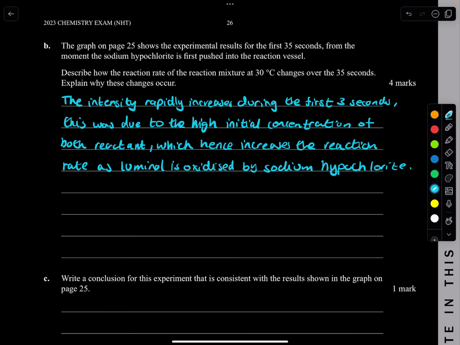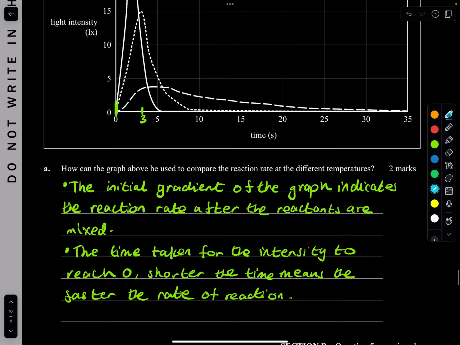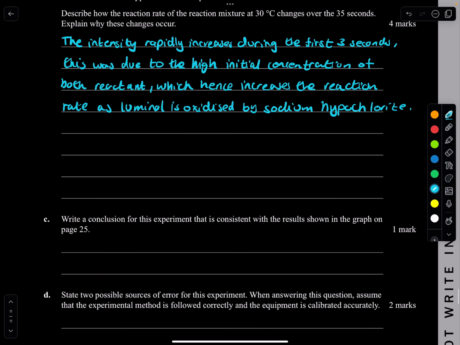Also, at the peak, it starts to decline. So the intensity reaches its peak at 3 seconds and starts to decline.